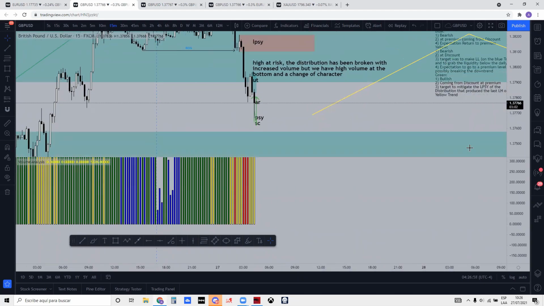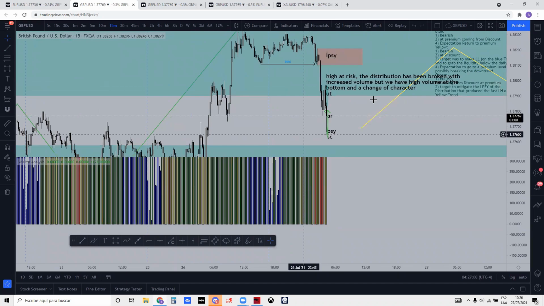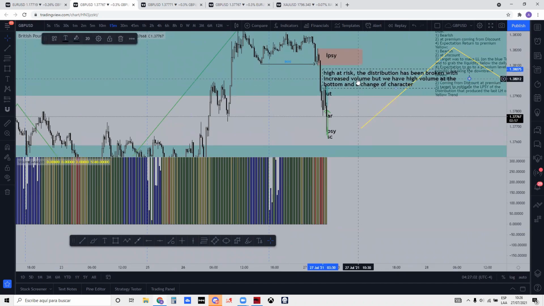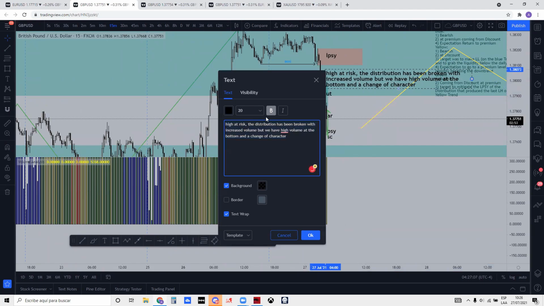Okay. So this high is at risk. Now we see it as internal liquidity.